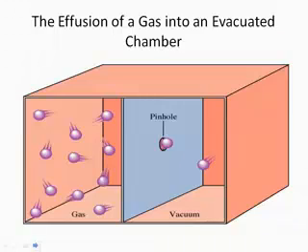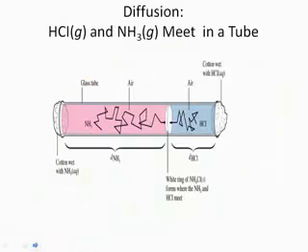We have the gas particles over here bouncing around, and based on their random motion, they will eventually run into this hole and hit it just exactly right so that they're able to pass through the pinhole into the vacuum area.